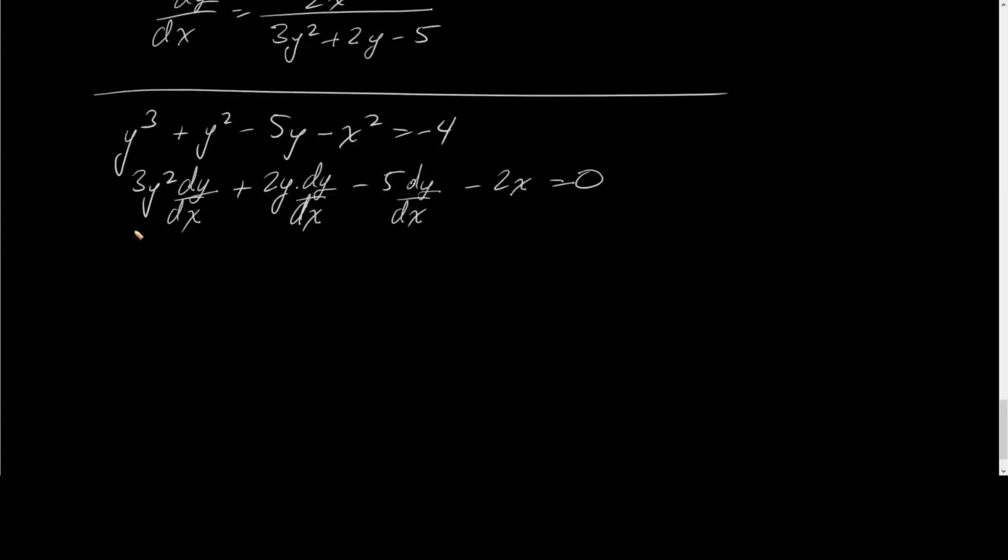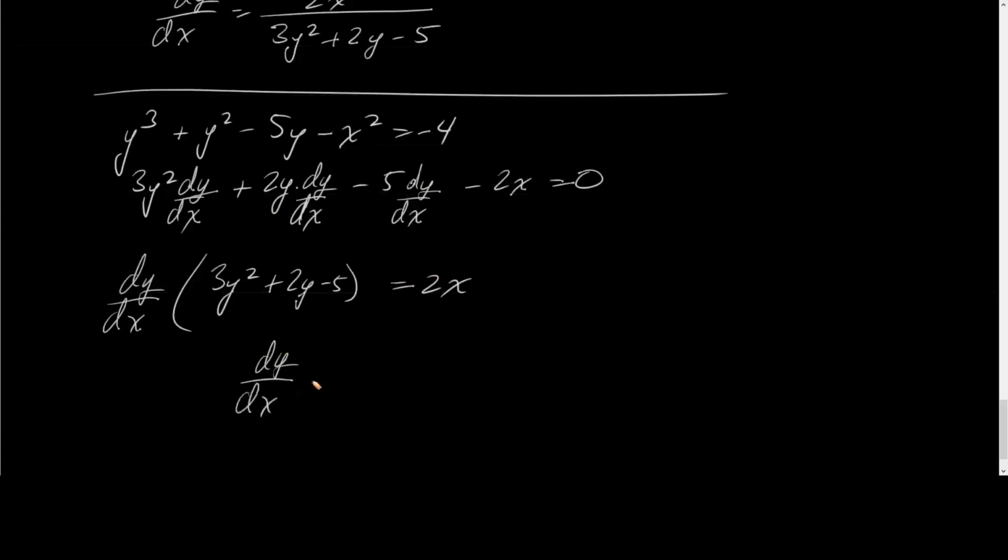At that point, I see that I've got dy dx on these 3 terms, so we can factor that out, and I end up with dy dx times 3y squared plus 2y minus 5. I just factor out these 3, move the -2x to the other side, so I end up with 2x, so that dy dx is equal to 2x over 3y squared plus 2y minus 5.